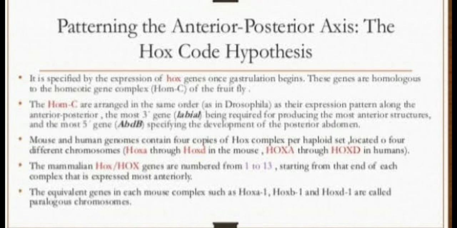The Hox genes are arranged in the same order as in Drosophila. तो जिस प्रकार से ड्रोसोफिला के अंदर इन जीन्स का अरेंजमेंट है, ठीक इसी तरीके से मैमल्स में भी इन जीन का अरेंजमेंट है। As per their expression pattern along the anterior-posterior axis, the most 3' genes being required for producing most anterior structure and the most 5' genes specifying the development of posterior abdomen.